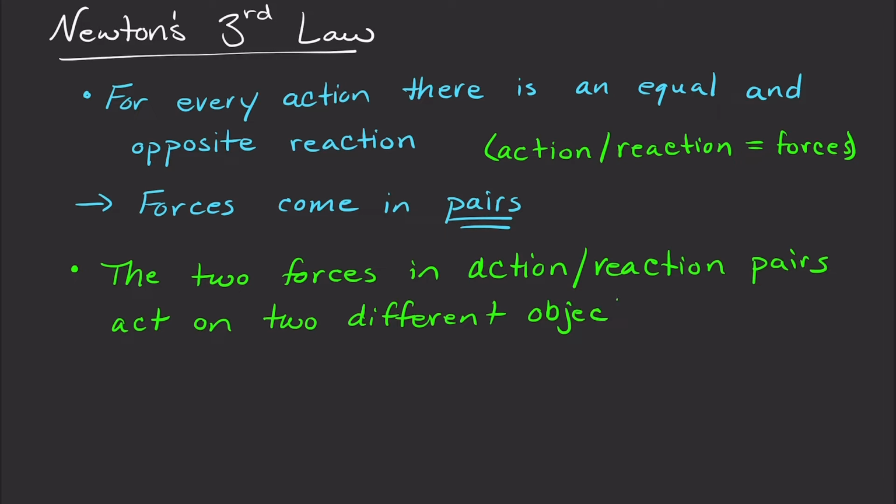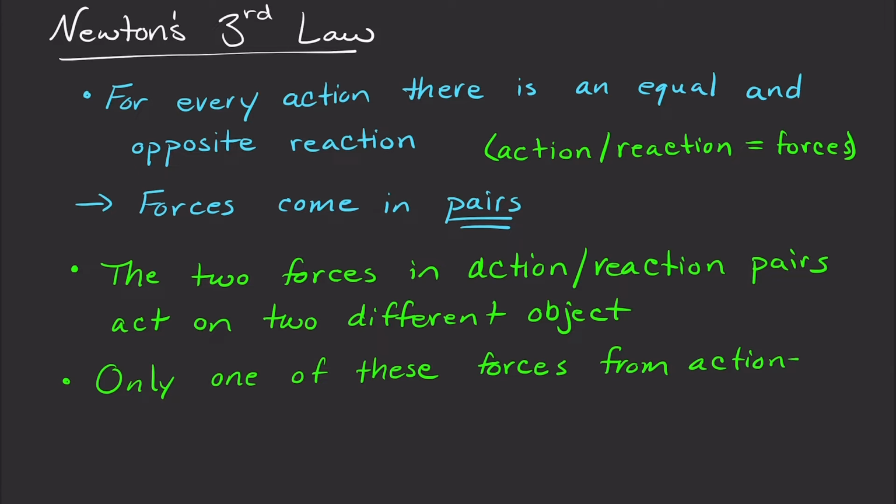And only one of these forces, only one of the action or reaction forces from the action-reaction pair, acts on each object. So one force acts on one object, the other force acts on the other object.